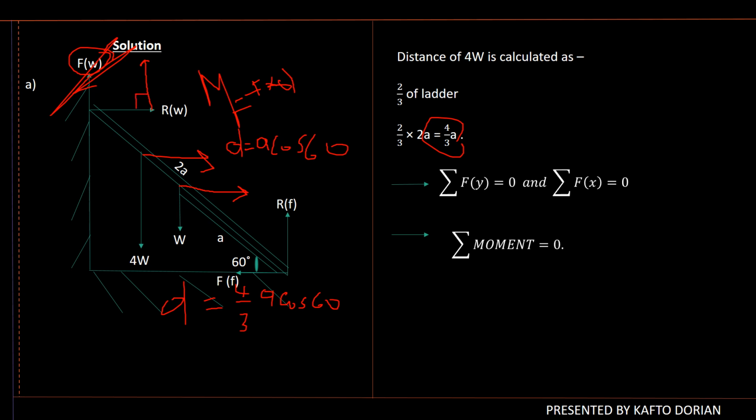Since it needs a vertical perpendicular distance, the trigonometric function we shall use is the sine function. The distance from the normal reaction force of the wall to the ground is 2a times the trigonometric function at that particular angle, which is sine 60 degrees. So we now have the distance, just multiply by the force.